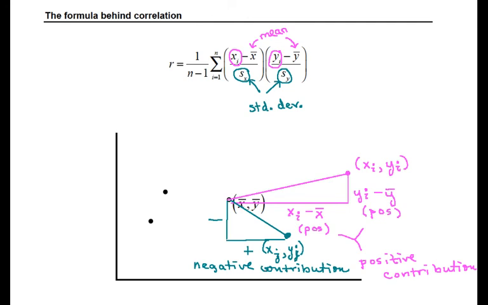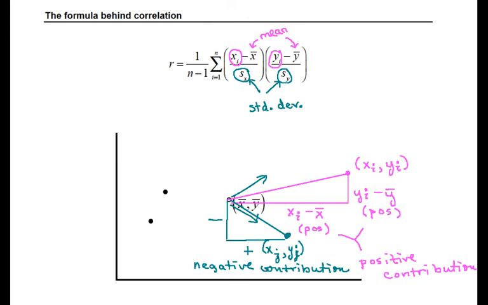If you have lots of positive and lots of negative contributions, you might end up with something that's closer to 0 because they cancel each other out as you add them up, and that makes sense, right? If you're going up from here as often as you're going down from here, then you're not going to have a very strong positive linear association, right?